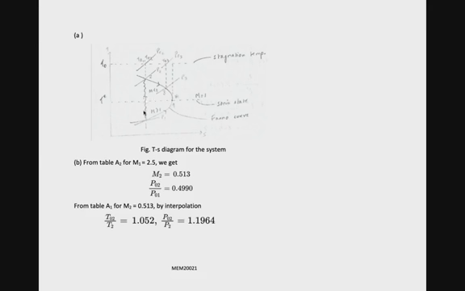The Fanno curve is divided into two regions. The lower part of the Fanno curve is for Mach number greater than 1, supersonic flow, and the upper part is subsonic flow.